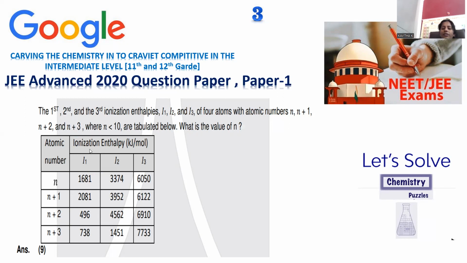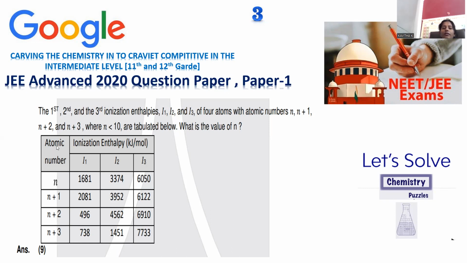That is ionization enthalpy, and it is measured in kilojoules per mole. If you remove only one electron from the atom, that is called first ionization enthalpy. Removing a second electron is second ionization enthalpy I2, and pulling out a third electron is called I3, third ionization enthalpy.